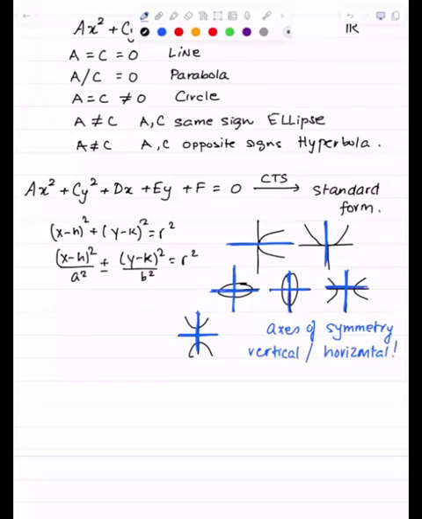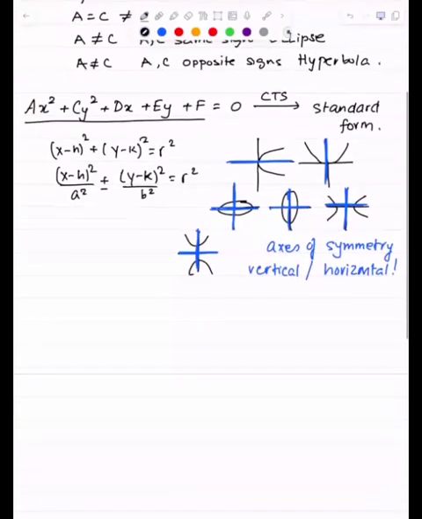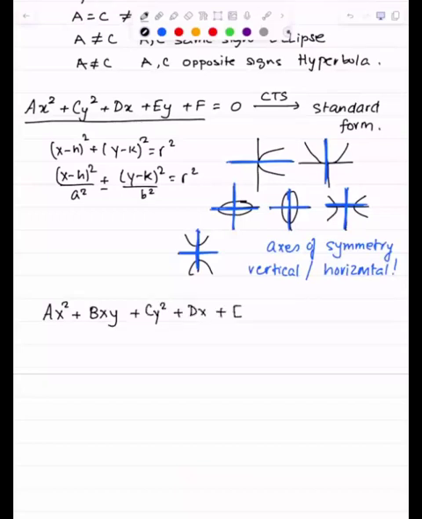All right, so now let's fill in the full form of this equation. We have a, c, d, e, f. There's a letter missing. So the full form would be ax squared plus bxy plus cy squared plus dx plus ey plus f equals 0.